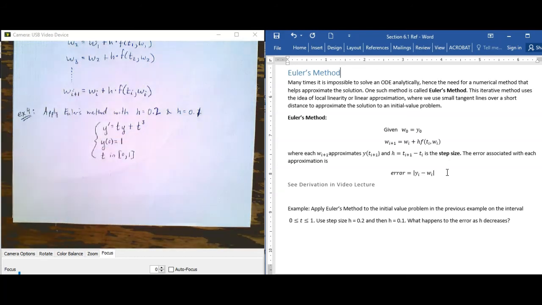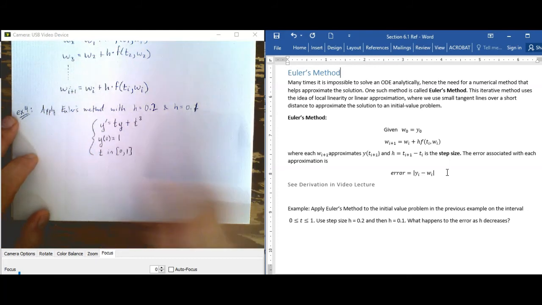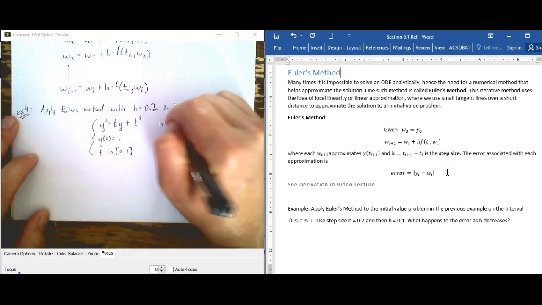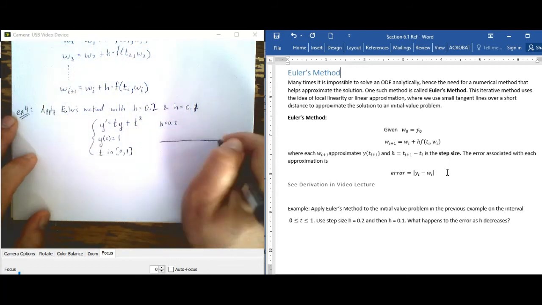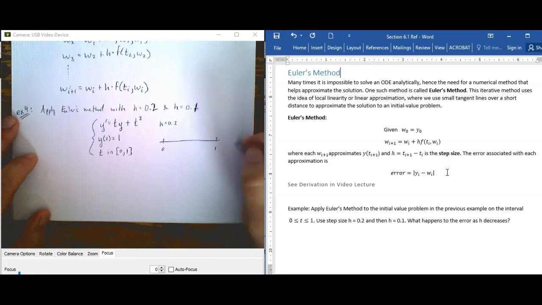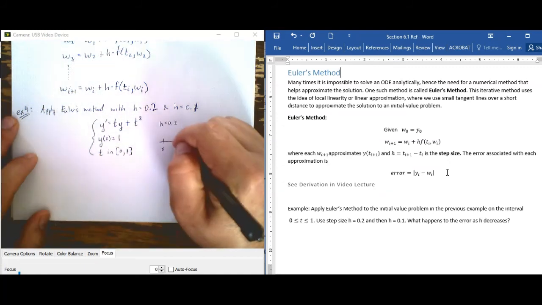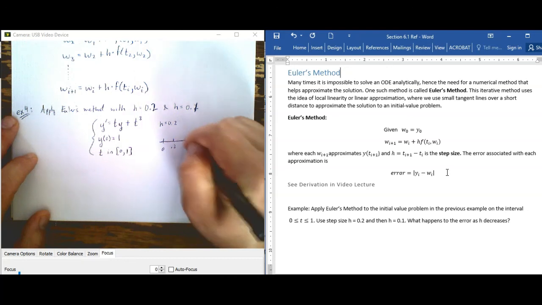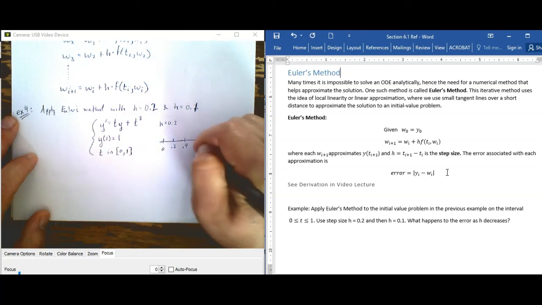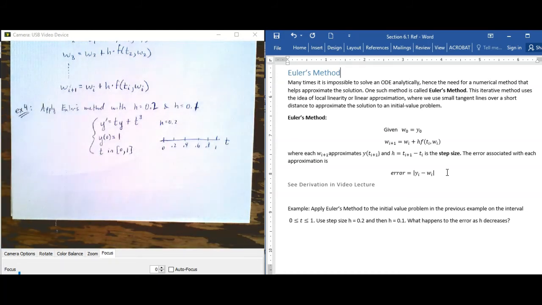So if H is 0.2, then we need to partition our t-axis to find the specific t values we want to evaluate at. So it would be 0.2, 0.4, 0.6, 0.8. Okay.